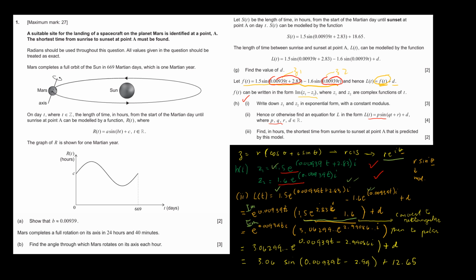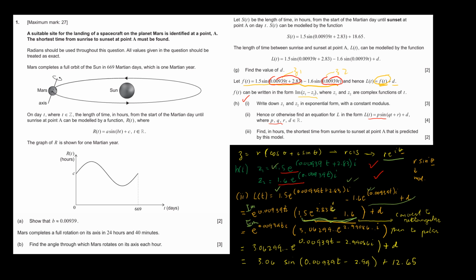Let's just try to work on the imaginary part. Now, what you can do here is change it to rectangular format. So you type this in your GDC. Type the whole thing, 1.5 e to the 2.83i minus 1.16, convert to rectangular. After that, convert your answer to polar. You will have this.